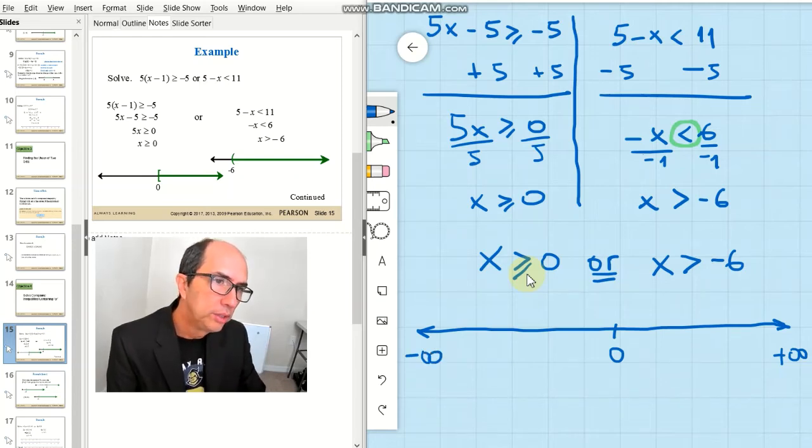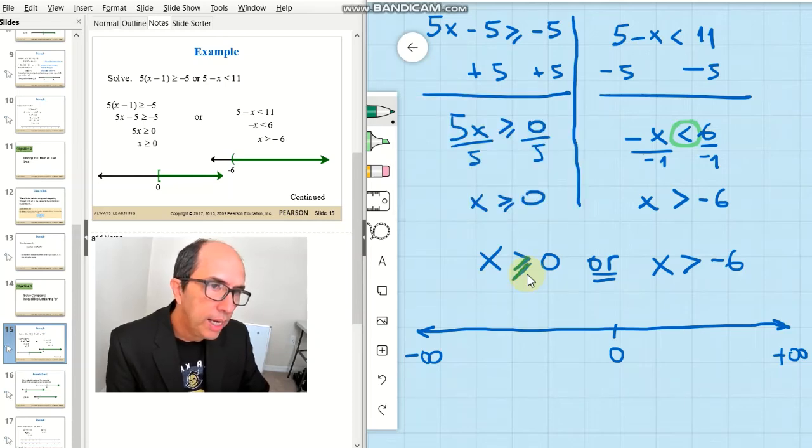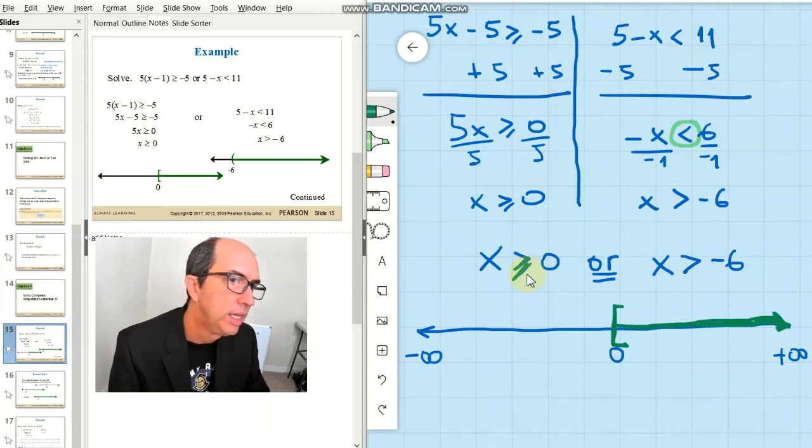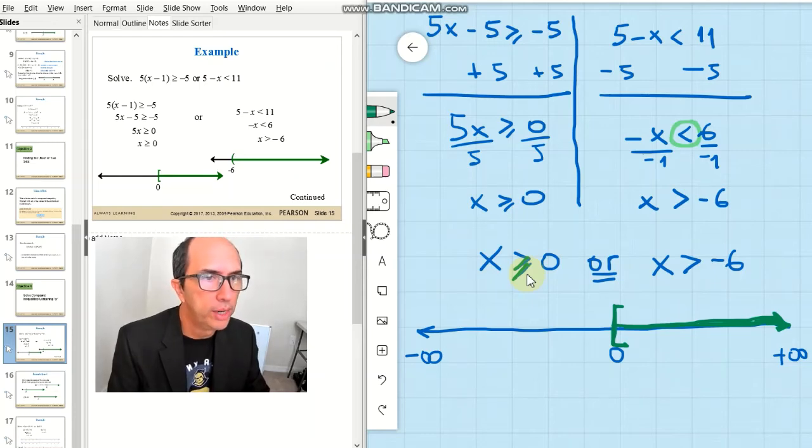And the first one is going to be x is greater or equal than 0. See, there's this equal sign here, so let's draw a bracket, because 0 is included in the set, and everything that's greater than 0 is also included. Everything to the right side of 0 up to positive infinity is included.